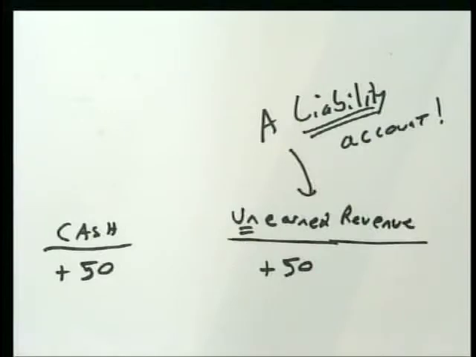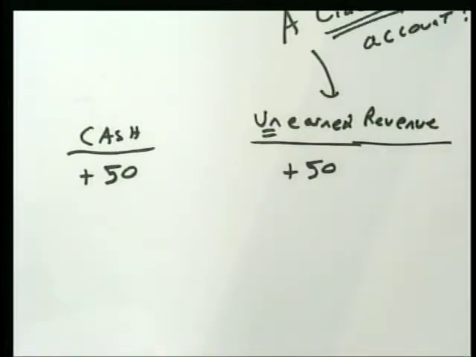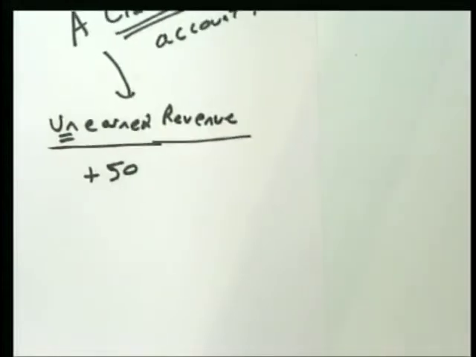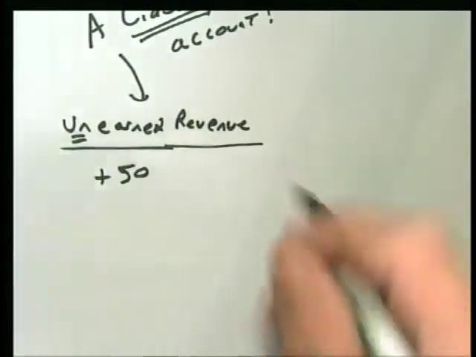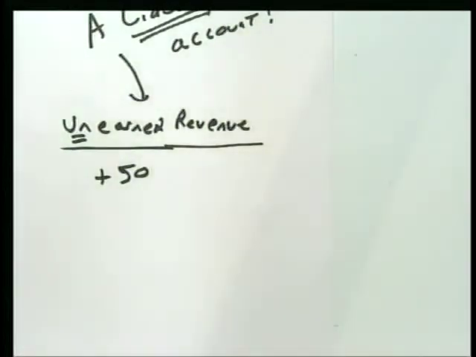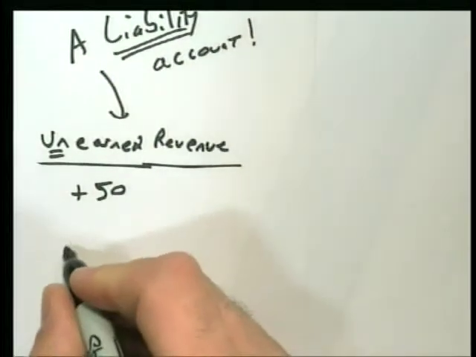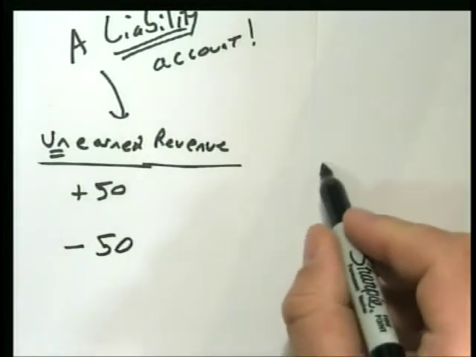Okay? Now let's talk about the transaction that would occur while we're on this situation. What's the transaction that would occur when I get done mowing that lawn? Well, what would happen then is, actually, let me do this. When I mow that lawn, unearned revenue would go down because that liability has been decreased.